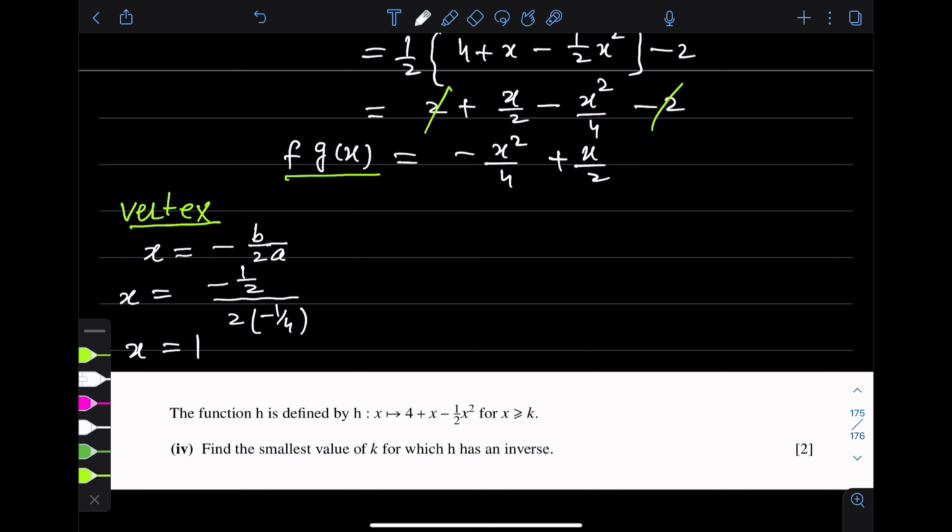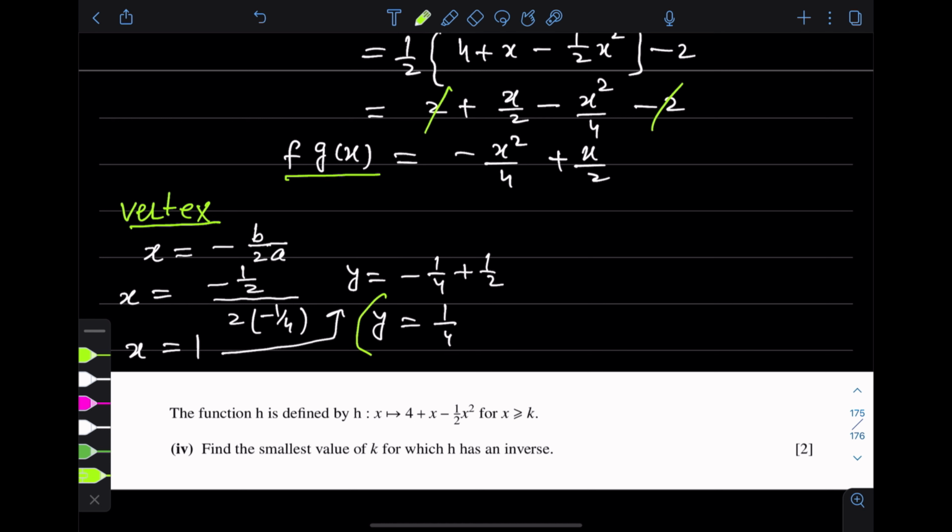Now putting this value of 1 in the function fg(x), we get the value of y will be minus 1 over 4 plus 1 over 2. So the value of y is 1 over 4. This is the range.